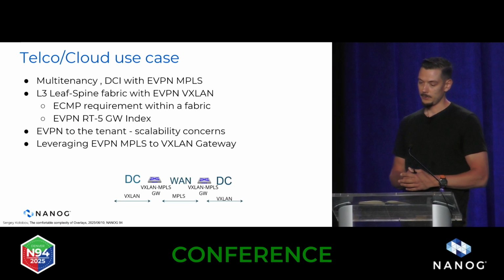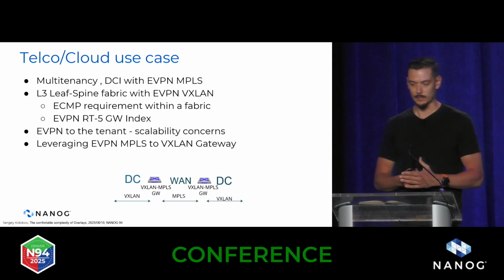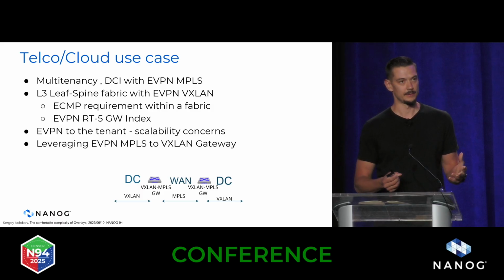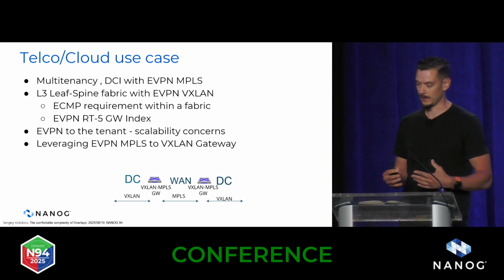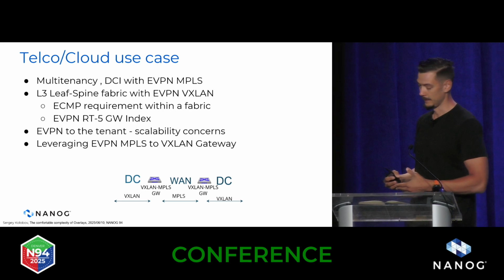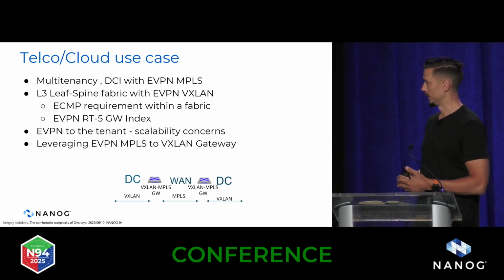In telco and cloud use cases, usually we can boil it down to multiple tenants with multiple administrative domains, and they usually interconnect dispersed locations and combine data centers in one solution. So we have to deal with a combination of transports there.